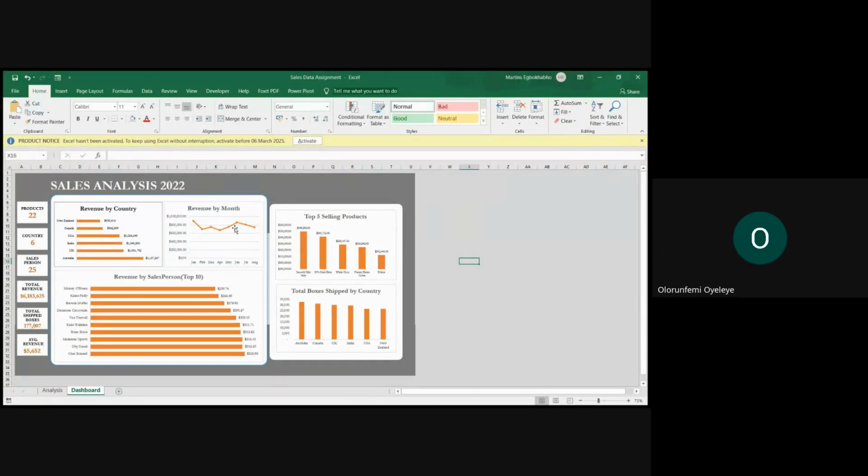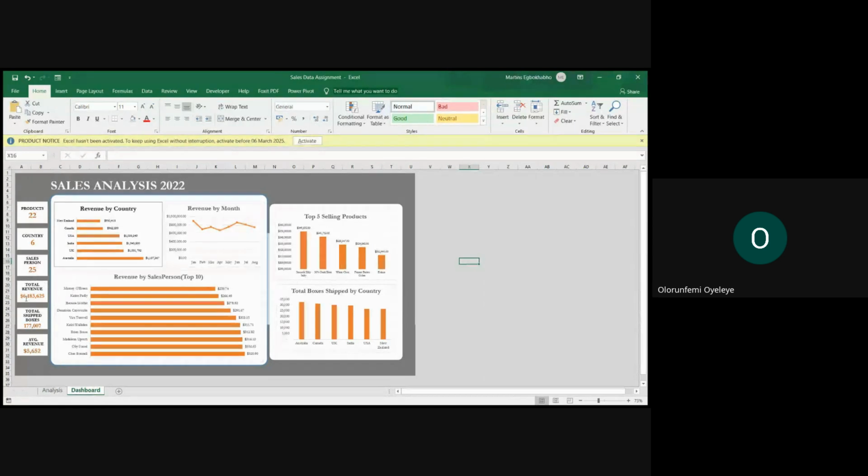All right. So this is my dashboard. We have 22 products across 6 countries, sold by a total of 25 salespersons.